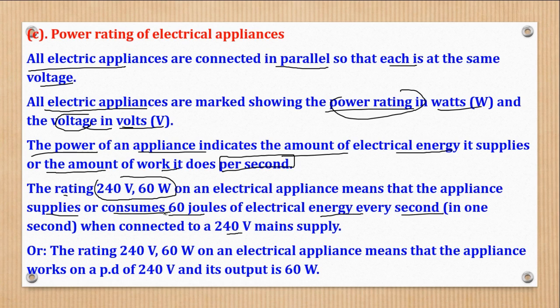You can also define it in this way, that the rating of 240 volt 60 watts on an electrical appliance means that the appliance works on a PD of 240 volt and its output is 60 watts. Any of the two is okay.